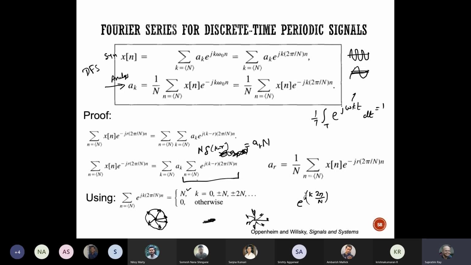If k is non-zero, this is some vector, right? For n equal to 1, this is one vector.